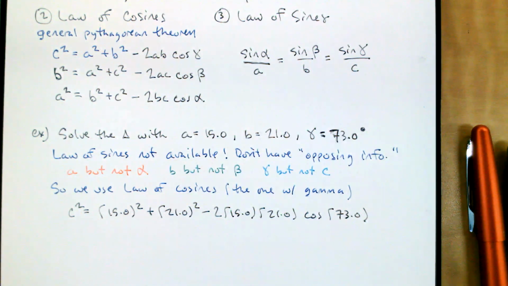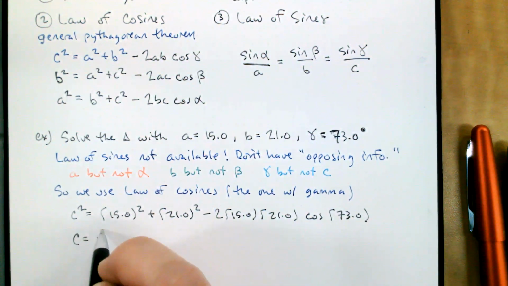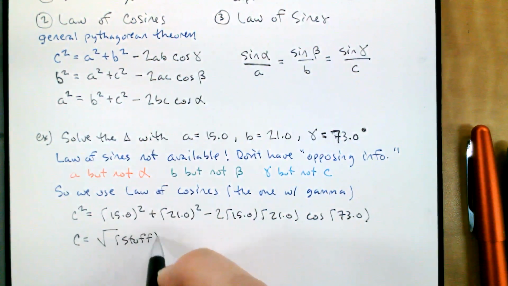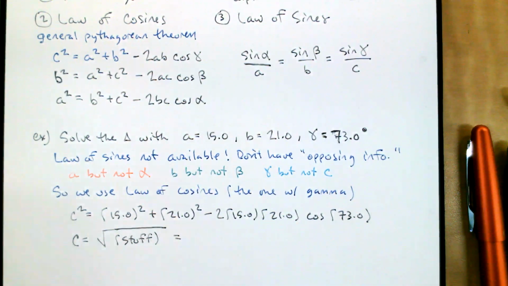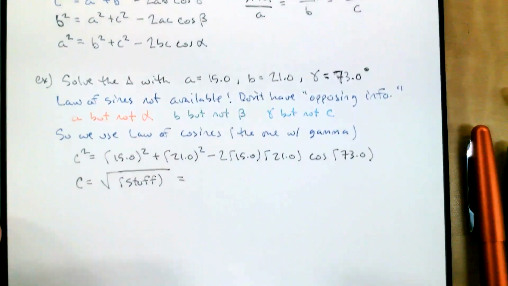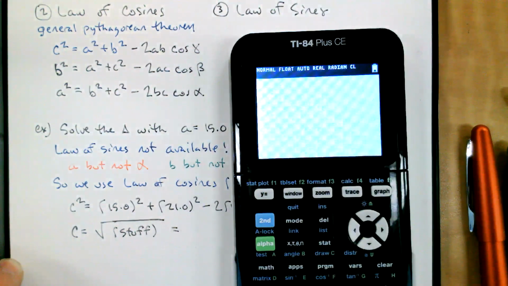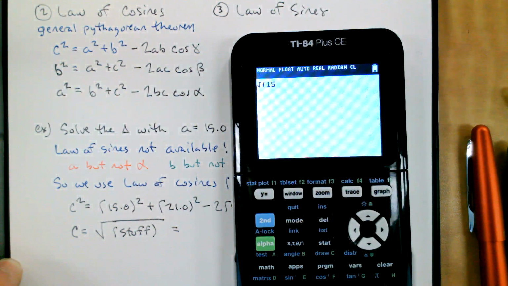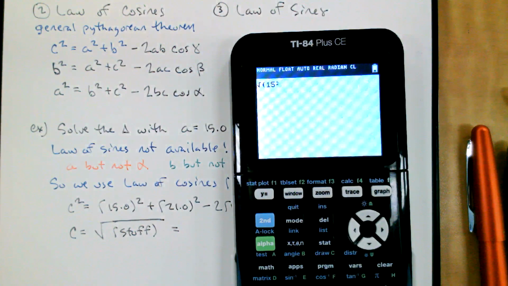So notice that the only thing that's going on with C is being squared. So to solve, I'm going to want the square root, but I don't want to write it all out again. All right, so I have the square root of 15 squared. The calculator doesn't know a difference between 15.0 and 15, so we're not going to worry about that.